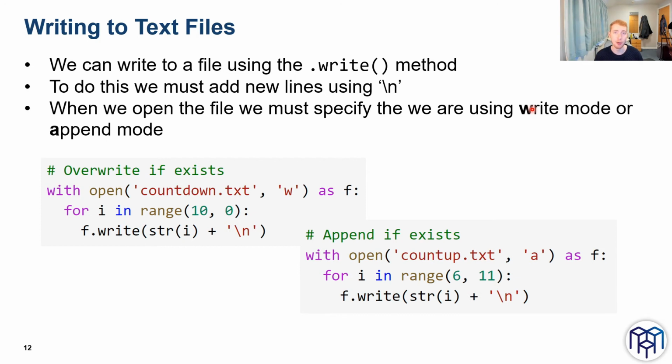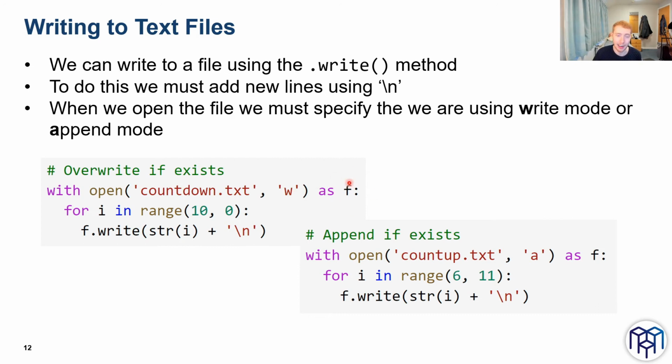If instead we open it with append mode, then we're going to add to the end of the file, not deleting anything that exists there already. And the symbol we use for both of these is a W for write and an A for append. So the syntax is very similar to before. So we open a connection to the file, but we add an extra argument here, separated by a comma, which is the string W, to represent we're opening it in write mode.